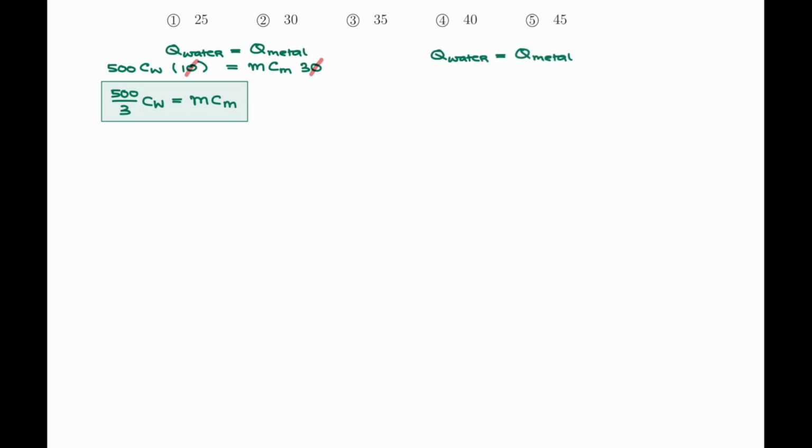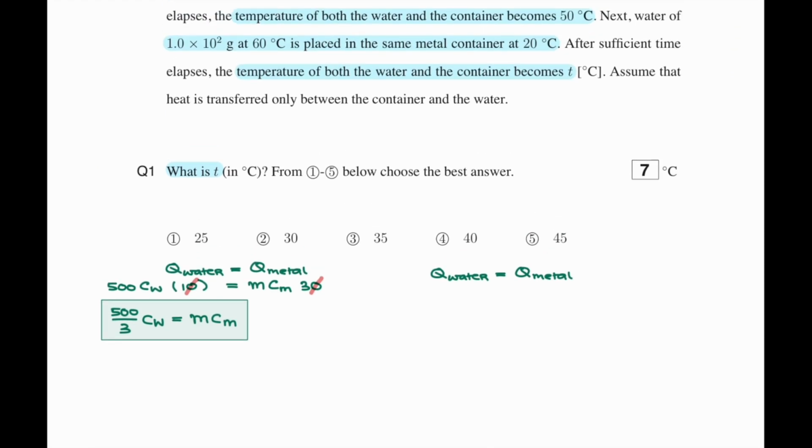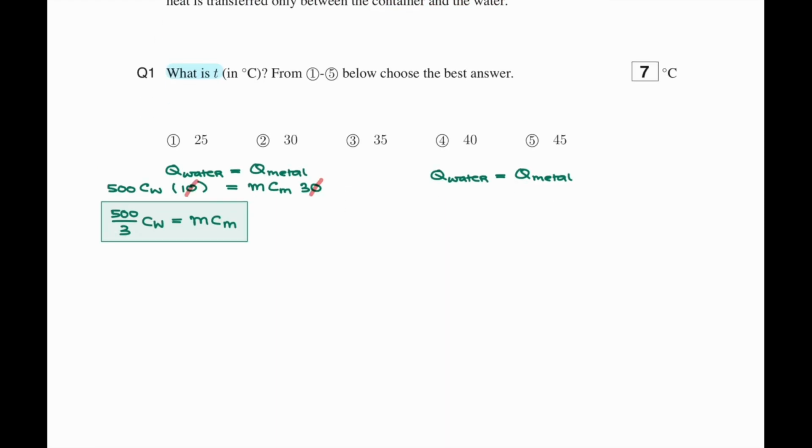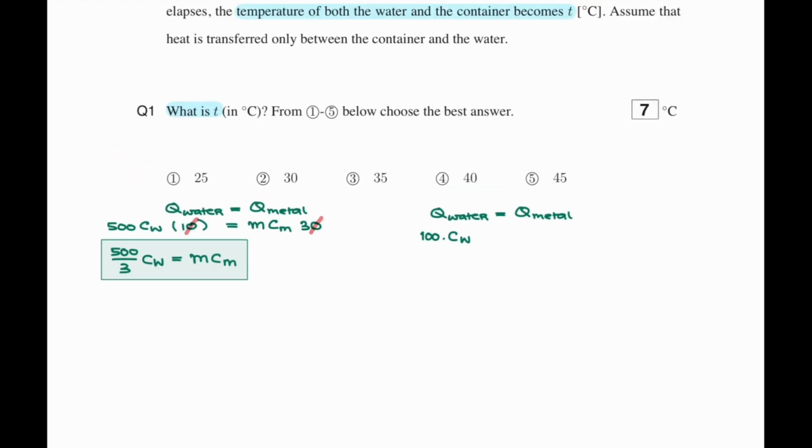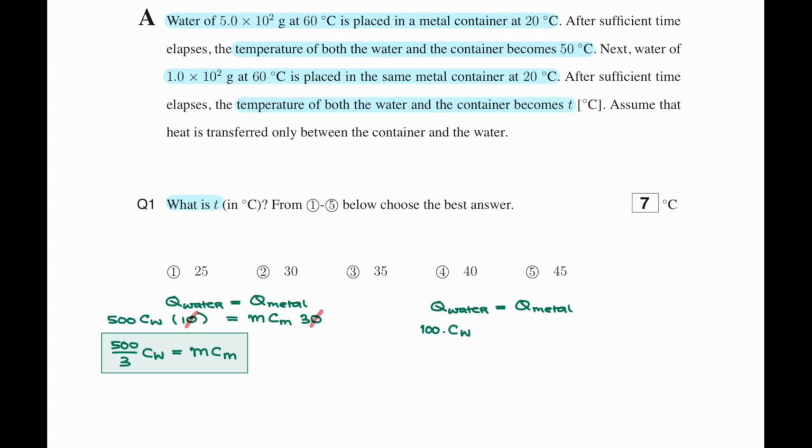But instead of 500, the mass of water now is only 100. So 100 times Cw times delta T, the change in temperature of the water we still do not know, because we do not know the final temperature of the container.